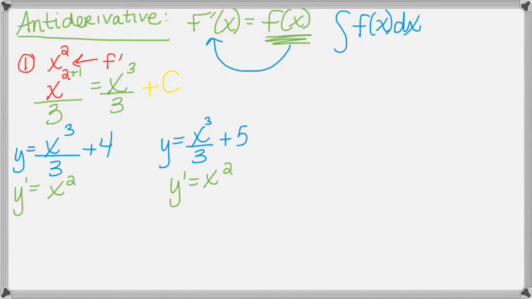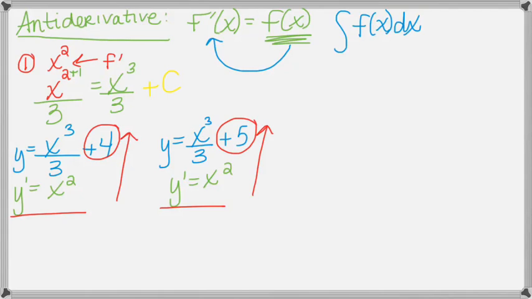So if I've been given the derivative and I want to go backwards, that's the antiderivative, I don't know what my constant is, or if there even was a constant, thus the plus 4 or plus 5. I don't know what that is, because it was 0 when I got it. So that's what we add when we take our antiderivative. We're going to use the plus c.